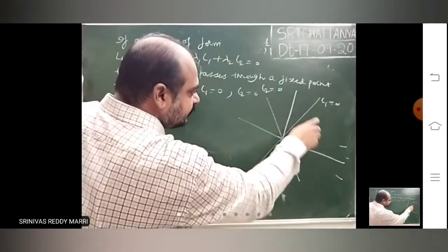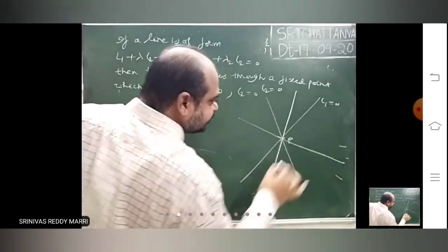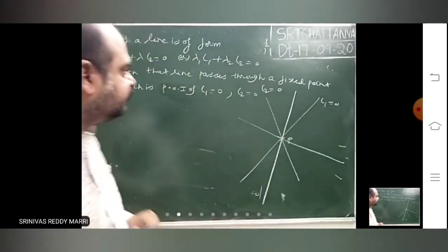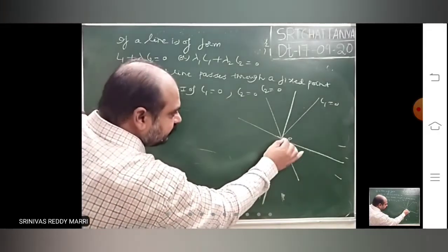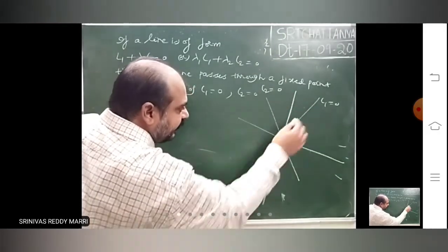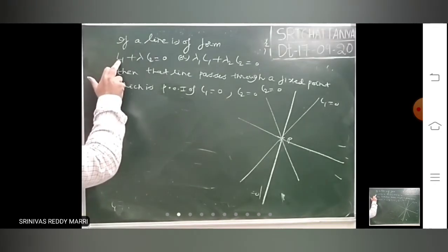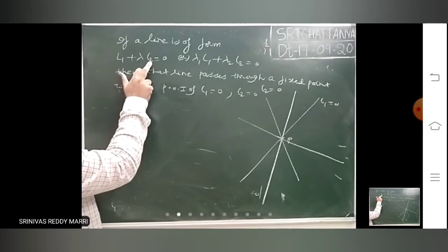This represents all the lines which are passing through the point of intersection of L1 equal to 0 and L2 equal to 0. That means this line always passes through P, for any position of the line, which is the point of intersection of L1 equal to 0 and L2 equal to 0.